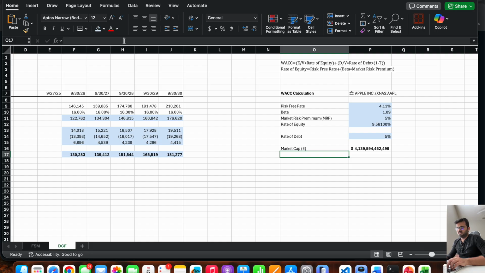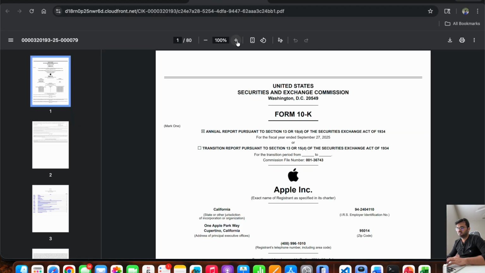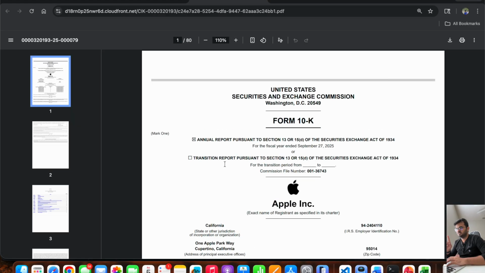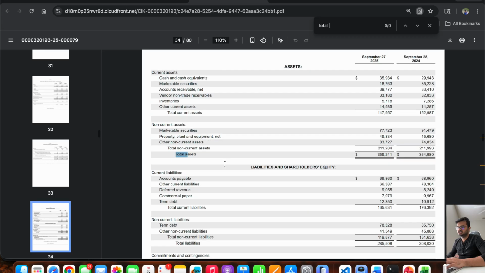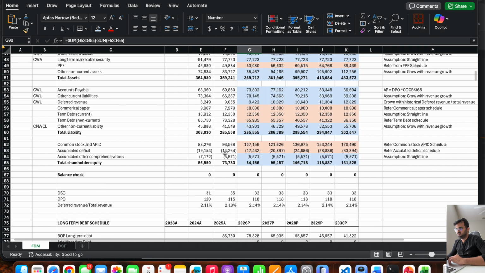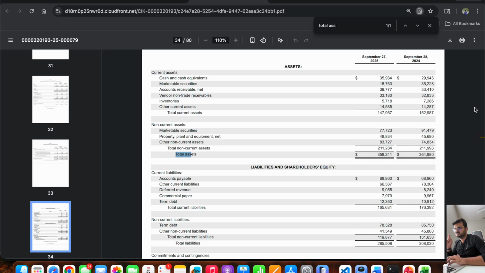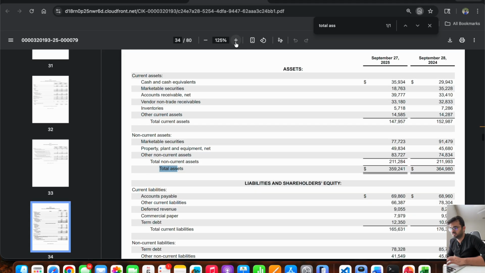Then what I need is debt, or again, to be very specific, I need only net debt. So for net debt, I'll go to my most recent annual report or quarterly report and go to the balance sheet. Nevertheless, you can go to the most recent annual or quarterly report and figure out the total debt.